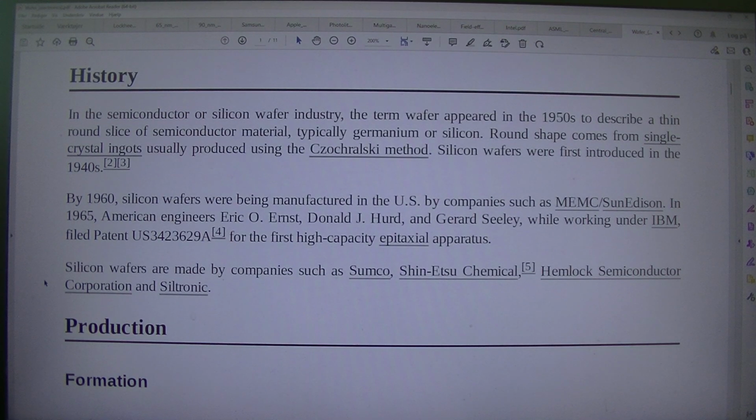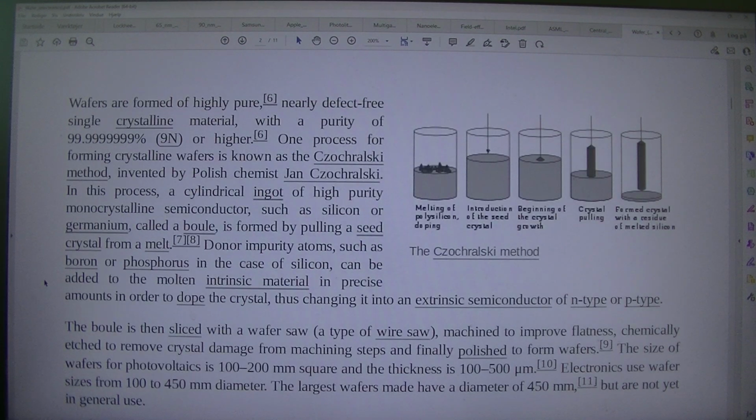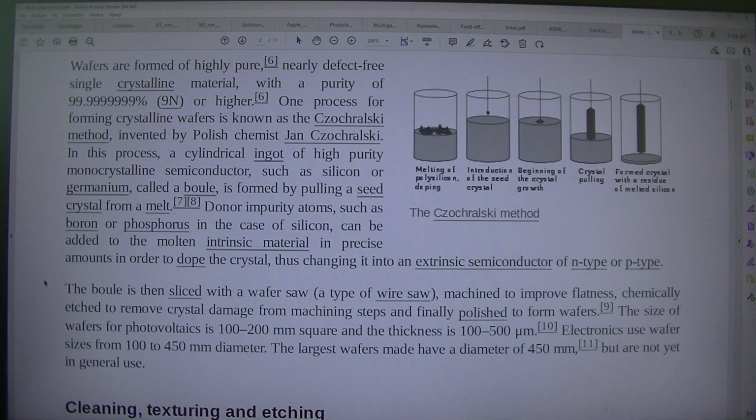Production. Formation. The Czochralski method. Wafers are formed of highly pure, nearly defect free crystalline material, with a purity of 99.9999999%, 9N, or higher. One process for forming crystalline wafers is known as the Czochralski method, invented by Polish chemist Jan Czochralski. In this process, a cylindrical ingot of high purity monocrystalline semiconductor, such as silicon or germanium, called a boule, is formed by pulling a seed crystal from a melt.